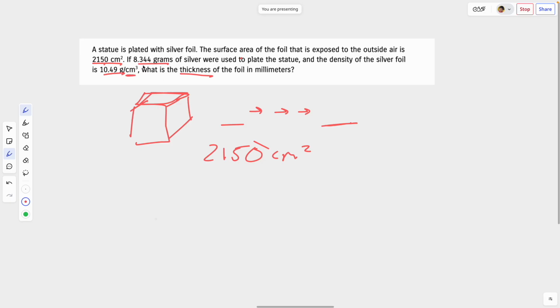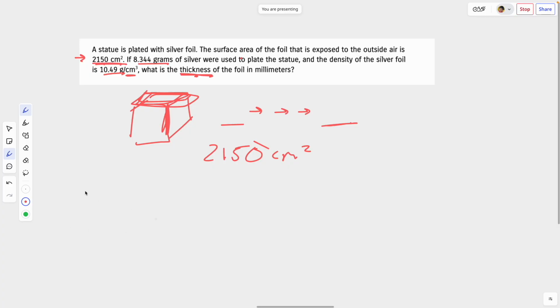But now they give you the mass, but you don't have to calculate the volume because two of the dimensions in the volume are already given here. So you just need the thickness. So we can solve for the volume, but just divide it by this value over here, and that would give us the thickness of the foil. Because it gives you this area, which is the surface area, but you're missing the thickness, and that's what they want as the answer. So we can just solve for that.